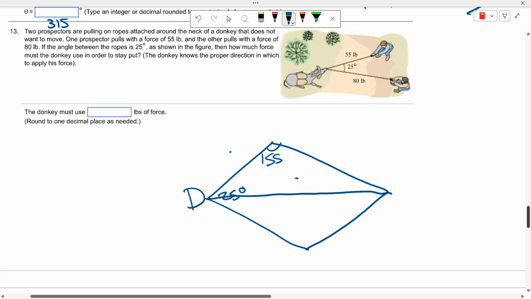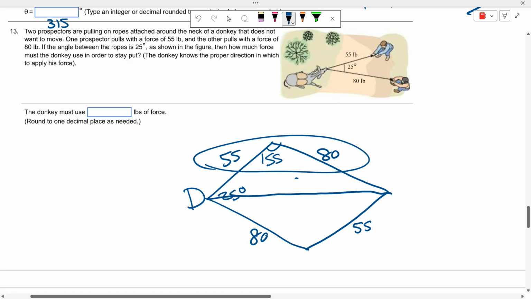This is 55. This is 80 because this is 80. Parallelogram opposite sides are congruent. So these are the three numbers, and you use law of cosines. X squared equals 55 squared plus 80 squared minus 2 times 55 times 80 times the cosine of 155.